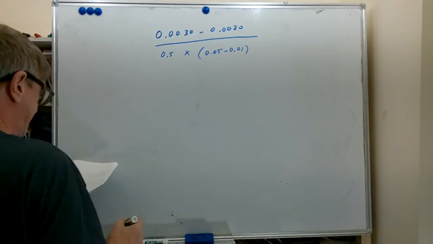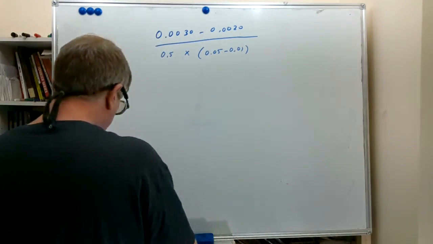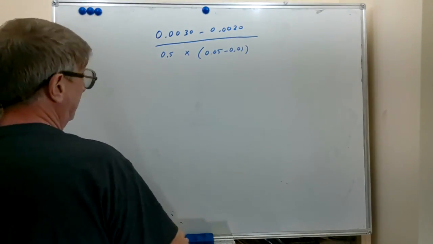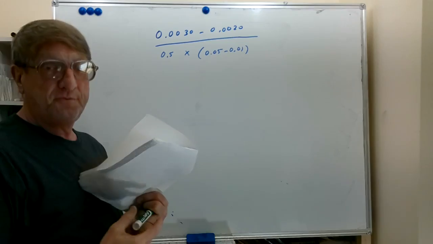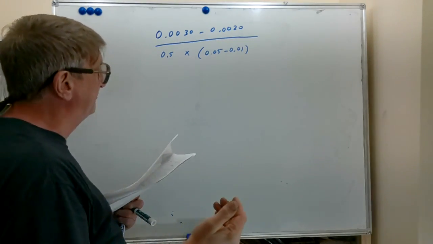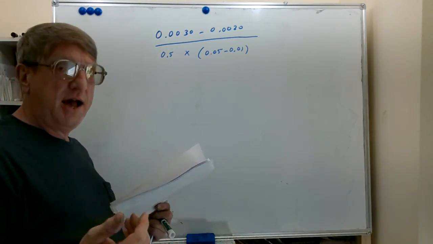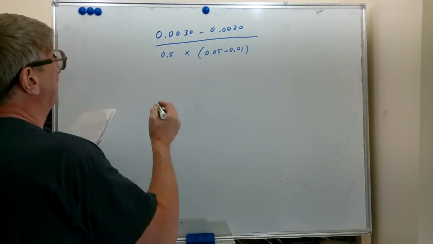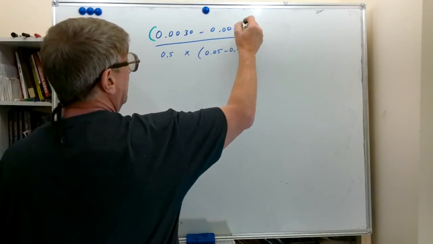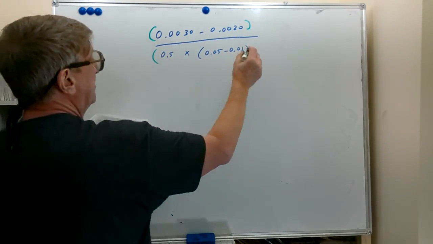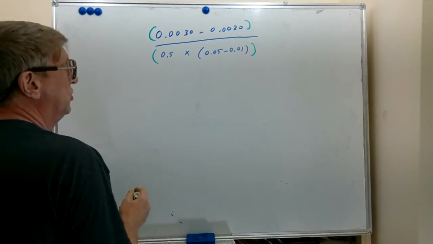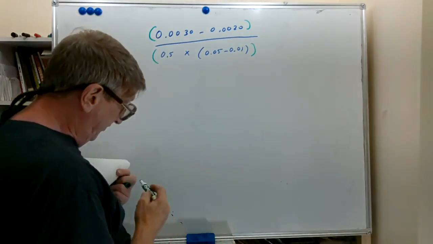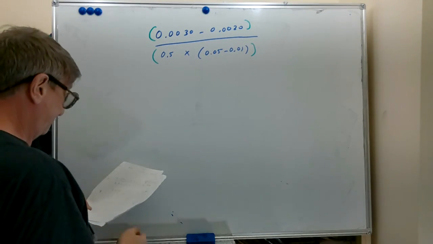We want to evaluate that and see what it equals. Now, you may remember we said the fraction bar was like a parentheses. So to keep us from forgetting, and this is a step you don't have to do, but it might help your eye focus on the right portion, I'm going to put parentheses around the entire numerator and around the entire denominator, just to emphasize the fact that that fraction bar does the same thing as a set of parentheses.